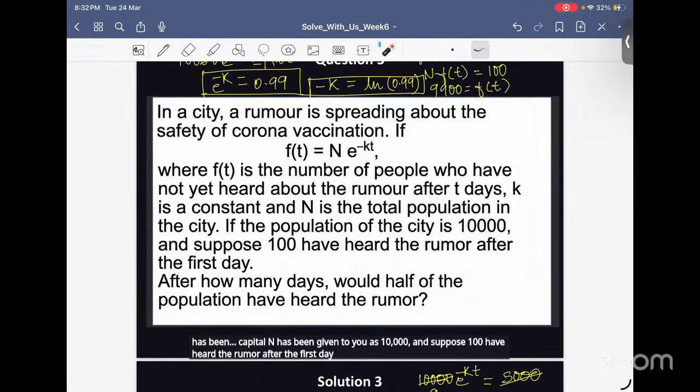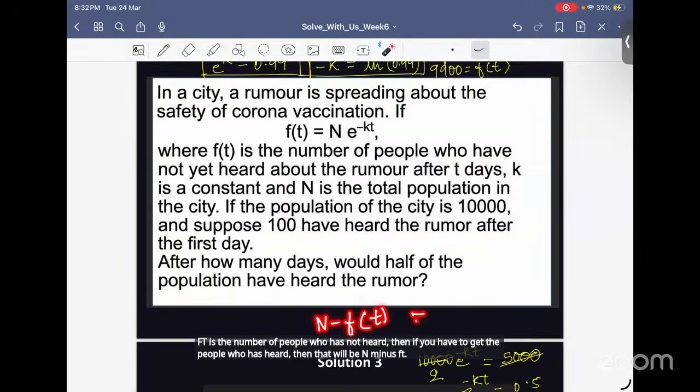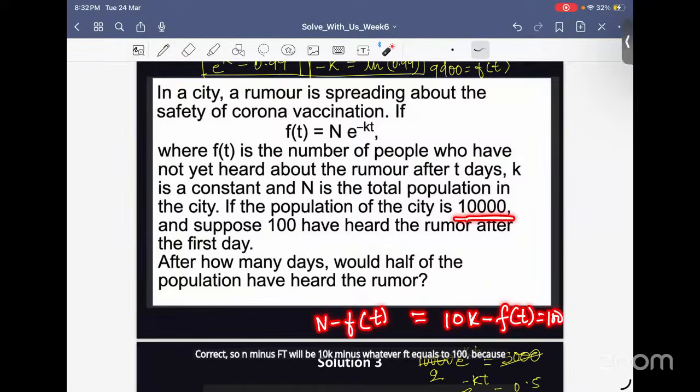But here f(t) denotes the number of people who have not heard. In the question, 100 people have heard after 1 day, right? So if f(t) is the number of people who have not heard, then the number who have heard will be N minus f(t). So N minus f(t) will be 10,000 minus f(t) equals 100, because 100 has been given to you.